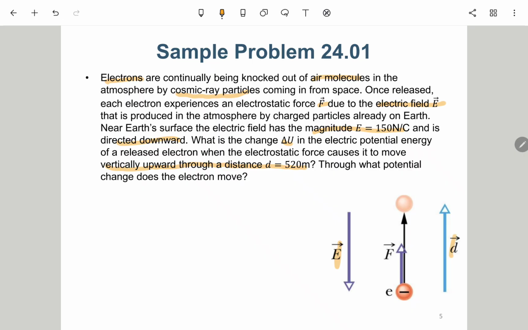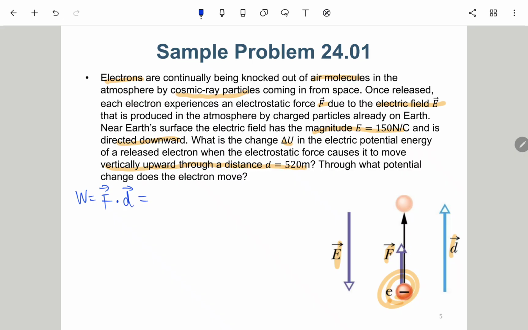Actually it moves upward, and this E is here, and a force pushes it upward. It really makes sense because F equals QE, and Q here is a negative charge, so the force actually points in the opposite direction of E. So W equals F dot d.